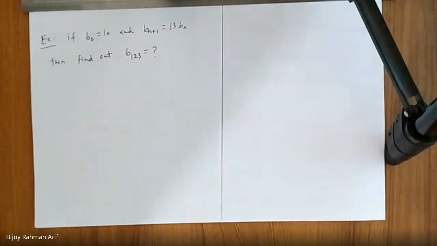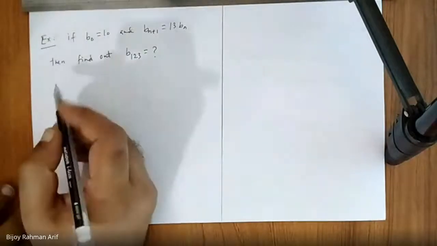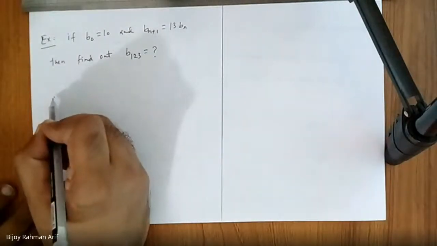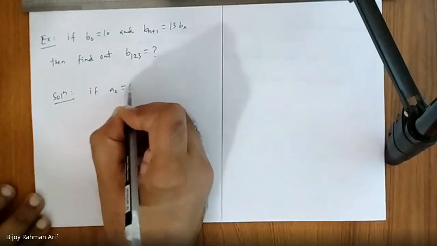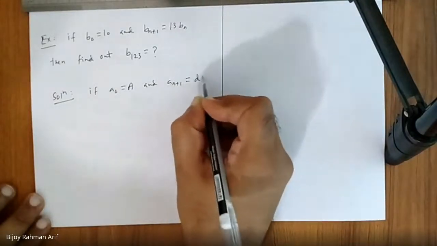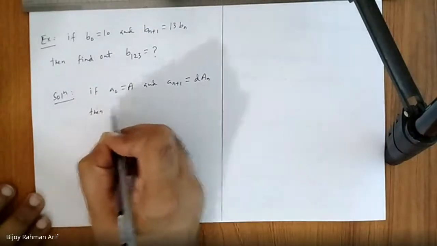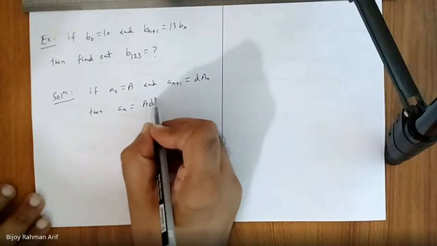What is the value of b123? 10 to the power 123 into 13. No. Wrong. If a0 = a and a(n+1) = d an, then an = a d to the power n.